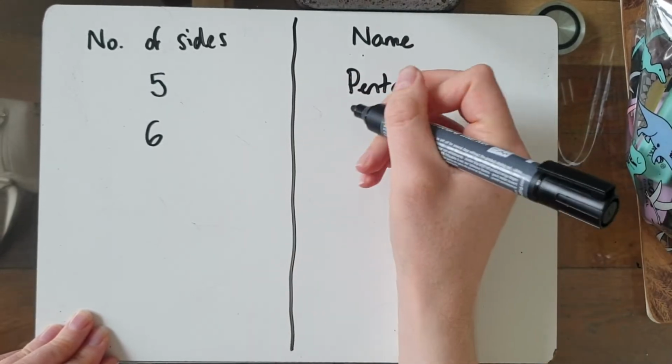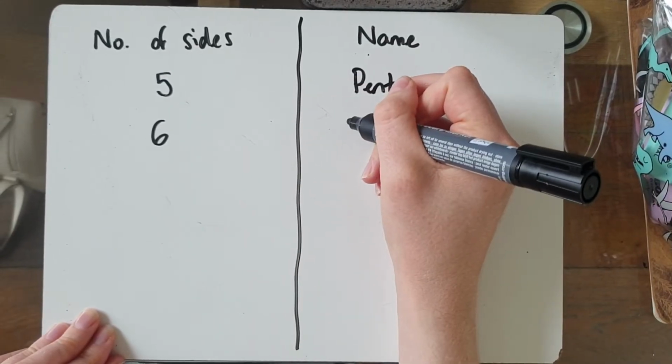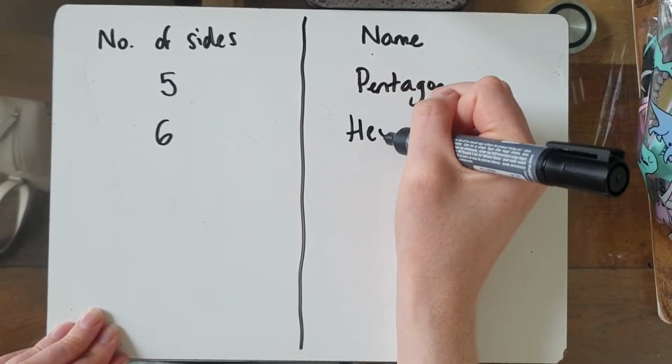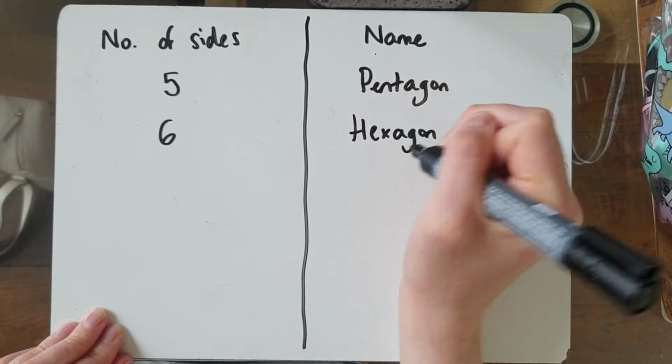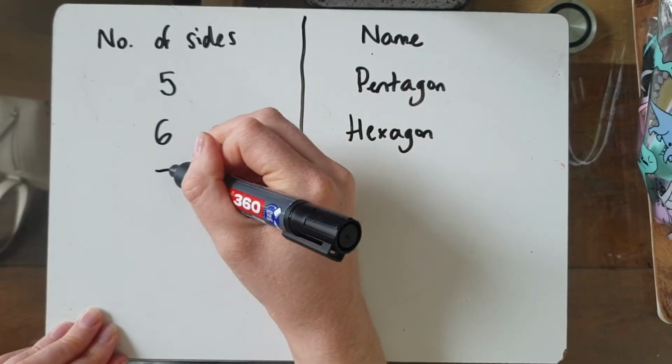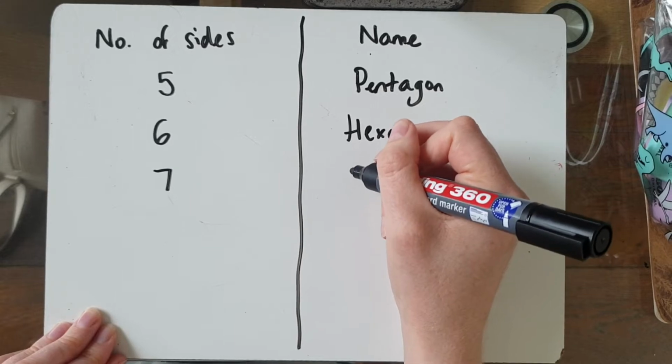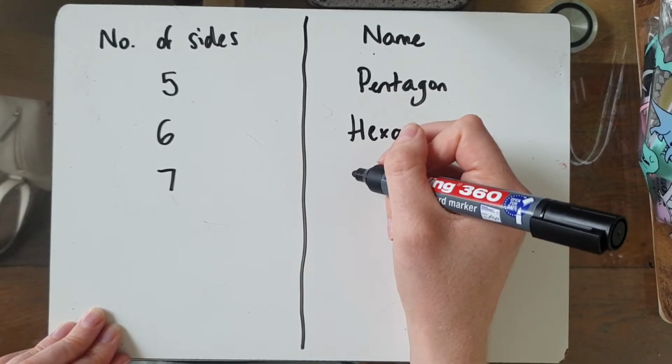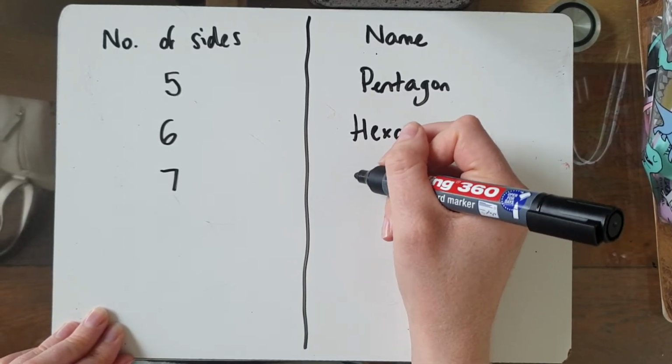6-sided shape, what do you think? Hexagon. A 7-sided shape. Anybody think they know this one? That is a heptagon.